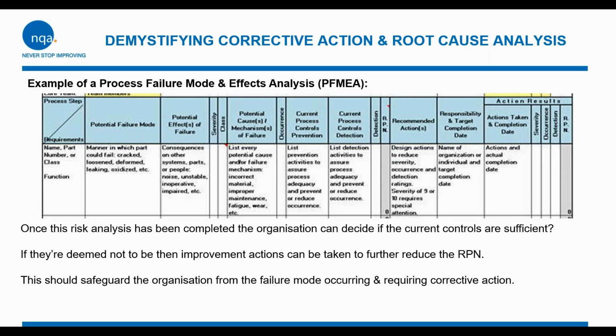Then we can generate the RPN. With the higher RPNs or the greater severity, we can then see on the right-hand side of the table where we take our improvement action to reduce the overall risk. And again, we're being proactive rather than waiting for an issue to occur.